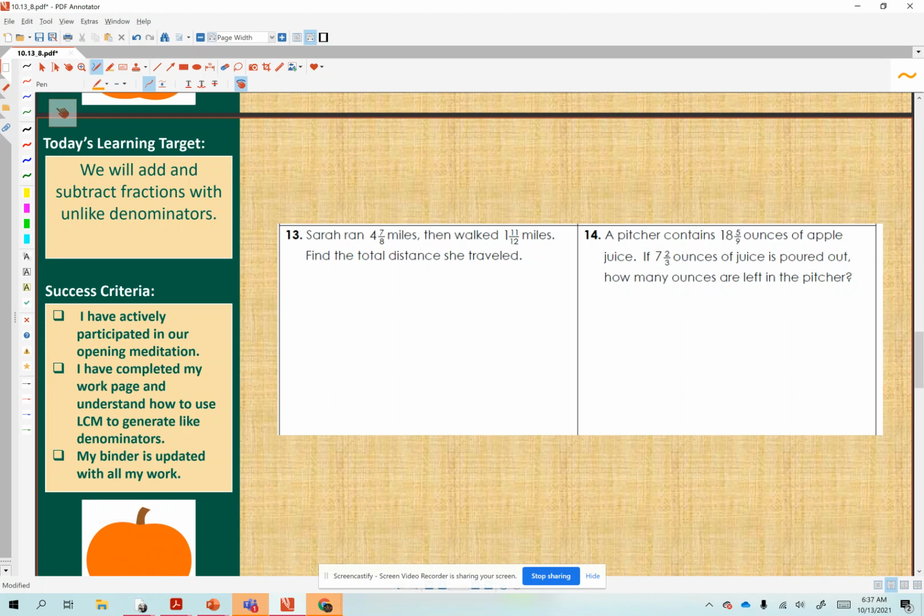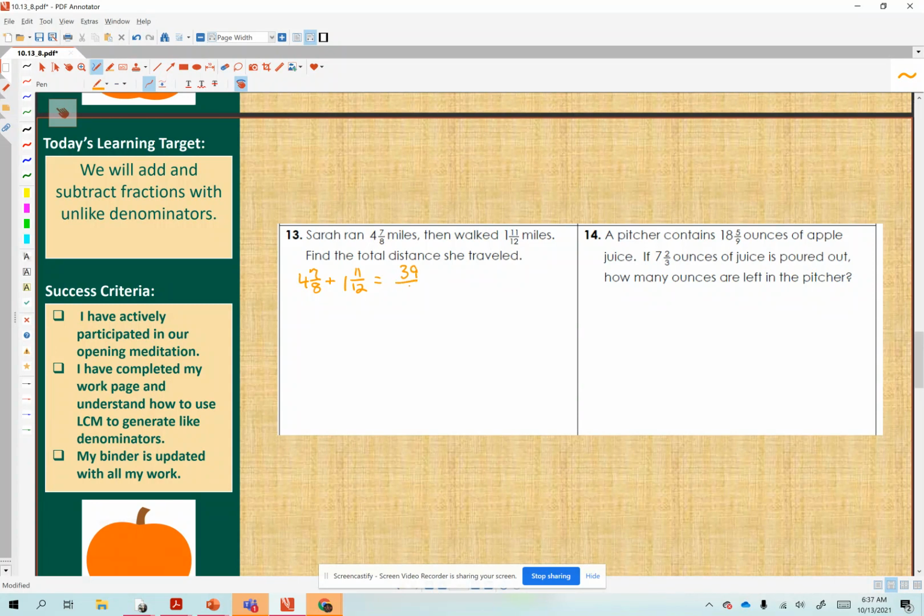Sarah ran 4 7/8 miles. Then she walked 1 11/12 miles. Find the total distance. So we just need to add those together. First, she ran 4 7/8 miles. Then she walked 1 11/12 miles. So we'll convert those to improper fractions. 8 times 4 is 32, plus 7 is 39.